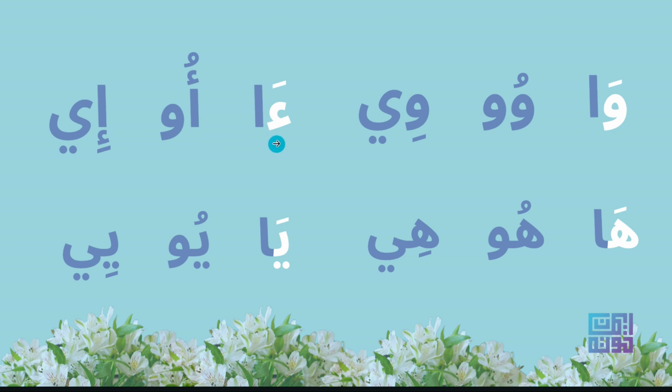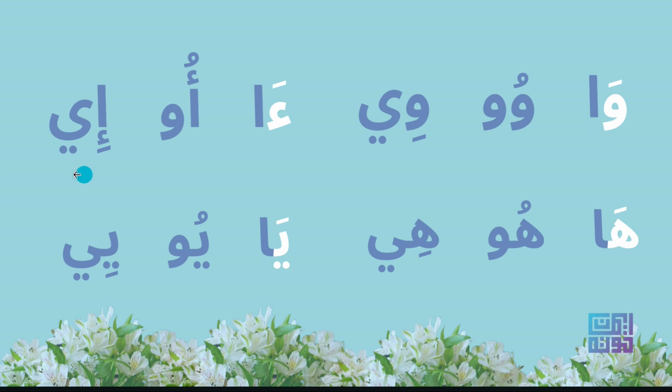What is this letter? Hamza. My favorite letter. Hamza. How do we pronounce it? Just with a fatha, it's going to be a. But with an alif, I elongate the fatha. Aa. With a waw and a dhamma, hamza, it's going to be oo.